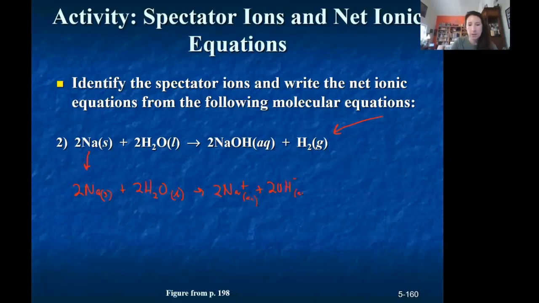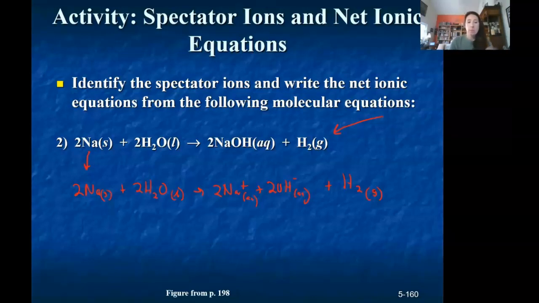AQ, AQ plus H2 gas. Okay, is there anything that is the same on both sides? And remember, exactly the same. No. There's nothing that's the same on both sides, right?